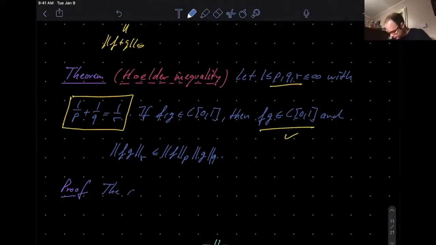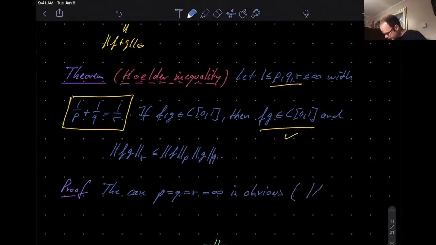First off, the case p equals q equals r equals infinity is obvious. Why is this? Then these are supremum norms, and of course for the product of two functions, the complex modulus is multiplicative, so you can split it into a product of two complex moduli, and then you optimize both of them.